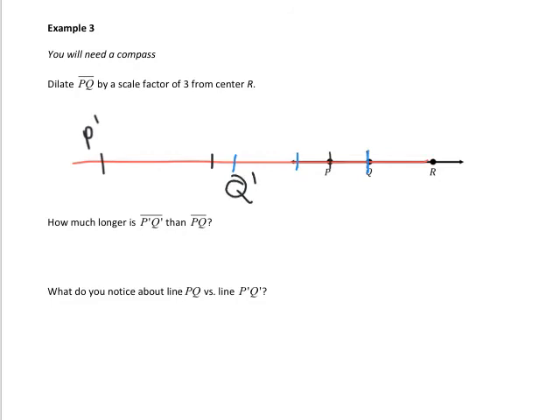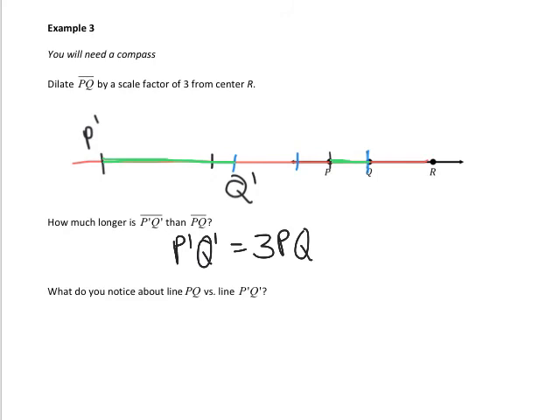How much longer is P prime Q prime than PQ? Well, here's the distance P prime Q prime. Let me see if I can shade that in. Here's the distance PQ. If you measured and did things accurately, you should see that P prime Q prime is going to be 3 times PQ, which is what you would expect if we're scaling by a factor of 3.